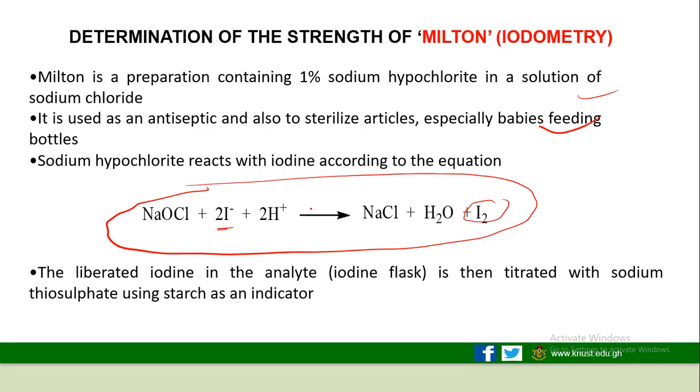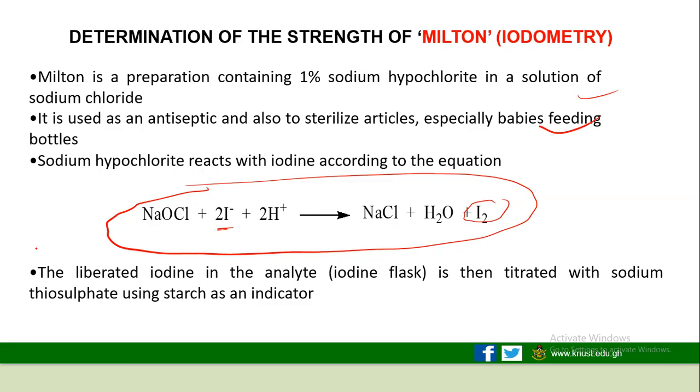Now, this reaction is liberating iodine in situ. That is the whole idea. That is an indirect method, we are not using iodine solution, but at the end of the reaction, we are producing iodine. And then the amount of iodine produced can be gotten by reacting with what? The sodium thiosulfate. So it's consistent with the iodometry that we discussed, right? That is why we employ iodometry, right?